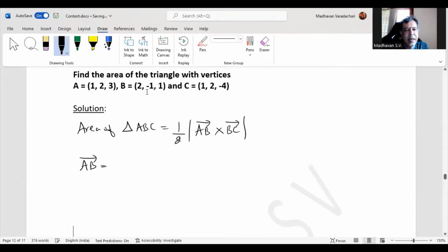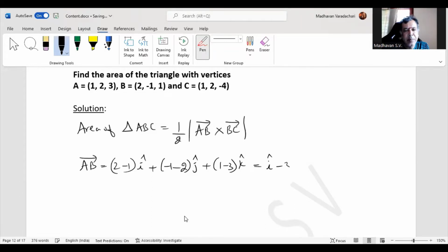For the AB vector, I need to subtract A from B and then multiply by the relevant I cap, J cap, etc. That means (2 minus 1) times I cap plus (-1 minus 2) times J cap plus (1 minus 3) times K cap, which is equal to I cap minus 3 J cap minus 2 K cap.